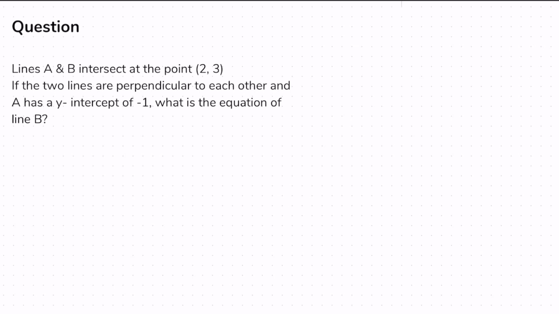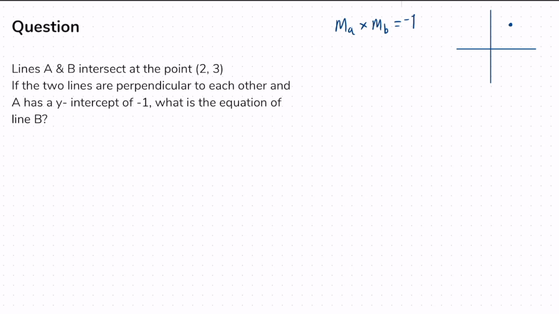Now in this next question, we're going to take into account our point of intersection and, because they're perpendicular, the relationship between the gradients. The gradient of A multiplied by the gradient of B is equal to -1. Equally, we can draw an approximation of what's going on because these two lines intersect around 2, 3.